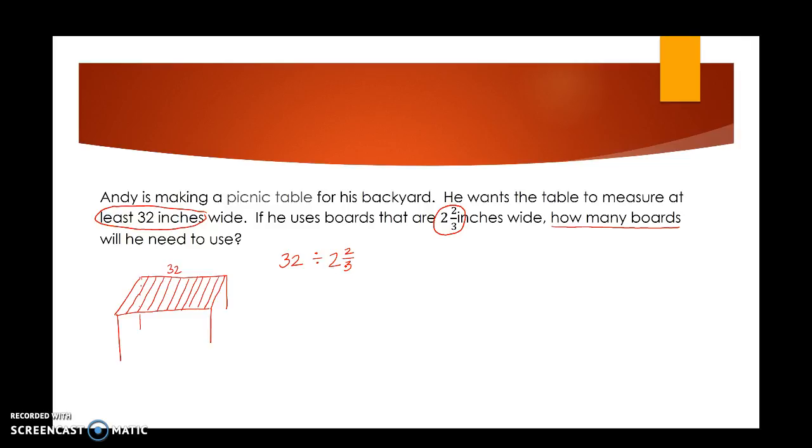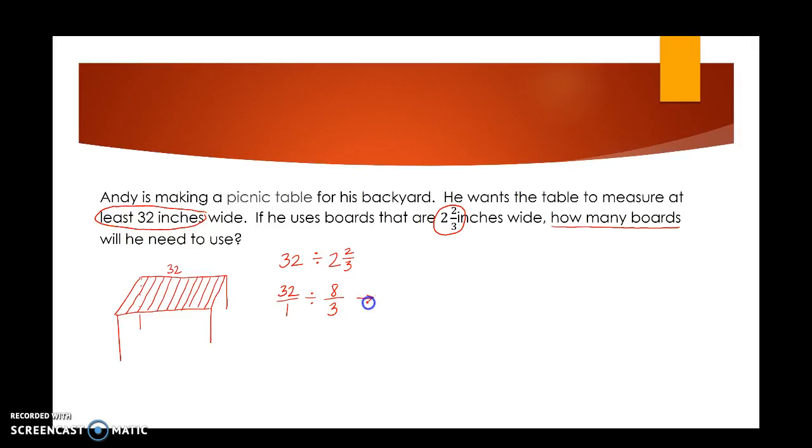So we all know that to change a whole number to a fraction, we have to put it over 1. And I can't divide with mixed numbers, so I have to do what? Good. Change it to improper fractions. So I'm going to work this way. 3 times 2 is 6. 6 plus 2 is 8. So 32 over 1 divided by 8 over 3.